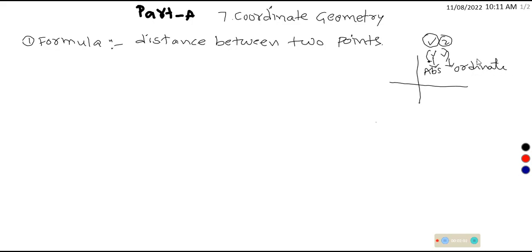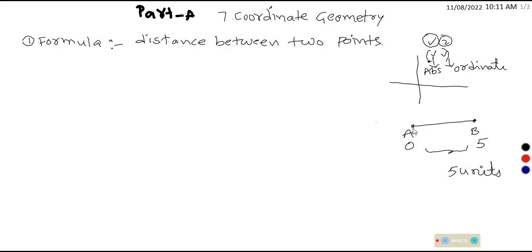So if you want to find the distance between any 2 points A and B, we don't know how to find the distance between here to here. If we are given here 0 and here 5, what will be the distance? 5 minus 0, that is 5 units, okay. So this we know directly.